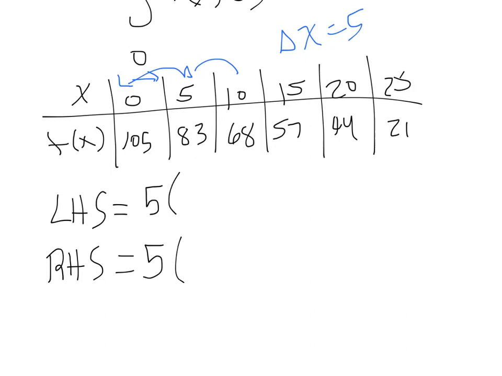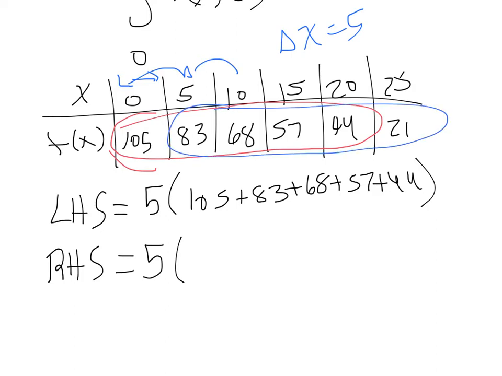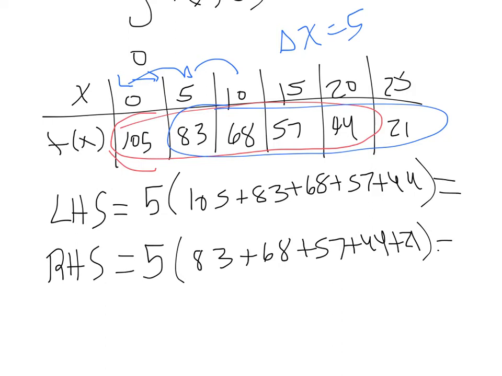So the left hand then is I take these values, so 105 plus 83 plus 68 plus 57 plus 44, and then the right hand I would take these values, so 83 plus 68 plus 57 plus 44 plus 21, and what I get, I would add them together and divide by 2 to average.